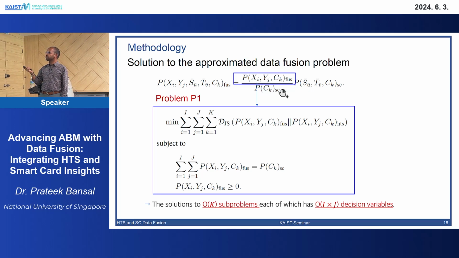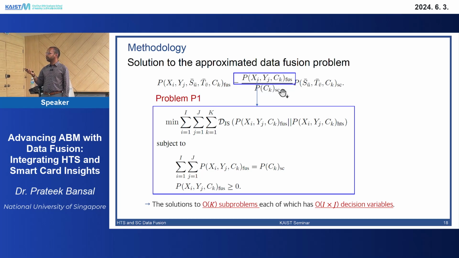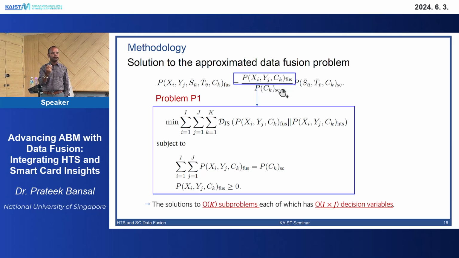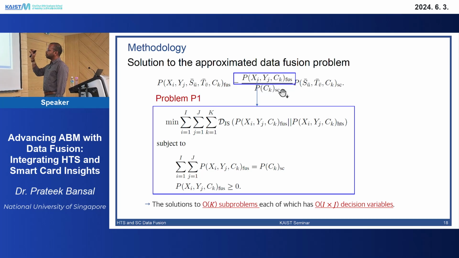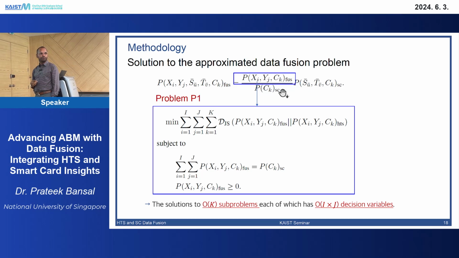Now, for this fused distribution, we are minimizing the distance between the fused xi, yj, ck and what we are observing in the HTS data, and then we have the constraint that this marginal distribution should be equal to what we are observing for the probability of each cluster in the SC data. The good thing about splitting the problem this way is that earlier we were solving I cross J cross K problems. Here we are solving this part of the optimization problem for each cluster.